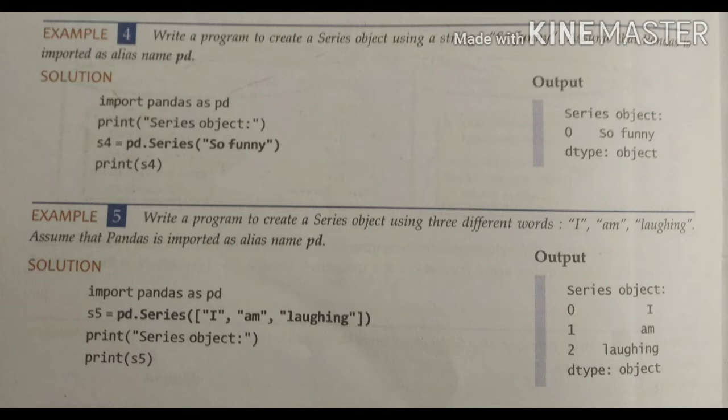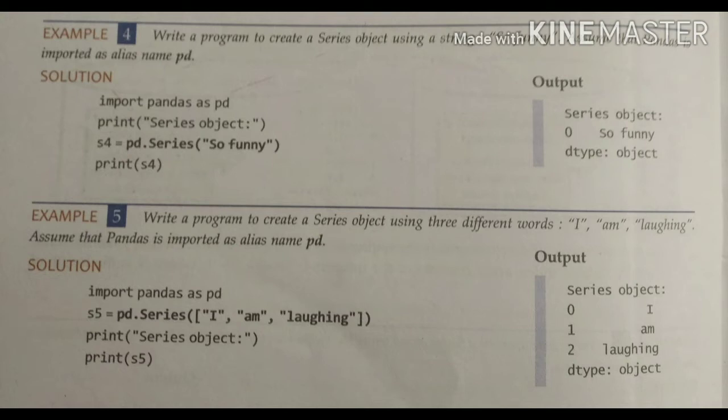Now next is example number 5. In this we are creating a series which contains 3 different words: "I am laughing". See the solution. Import pandas as pd, pd.Series in bracket, in square bracket, "I" in inverted commas, then again comma, "m", comma, "laughing".